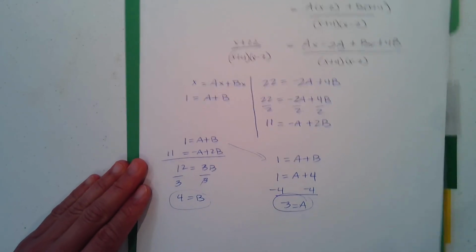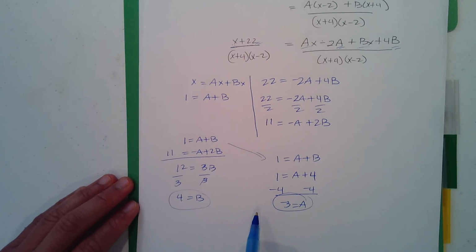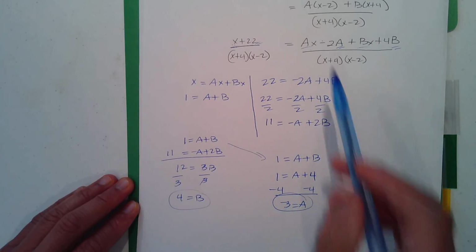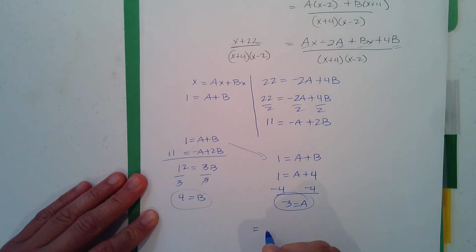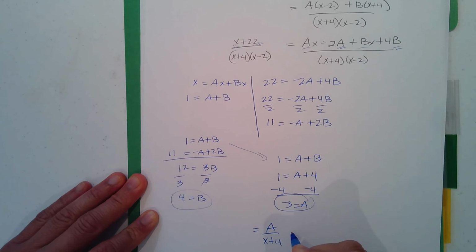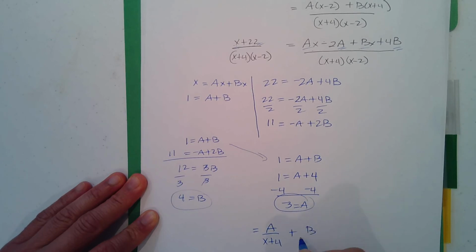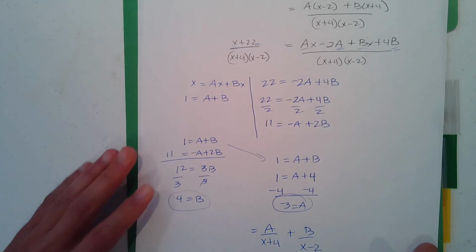Now we'll substitute this information back into our partial fraction. So our partial fraction was A over x plus 4 plus B over x minus 2.